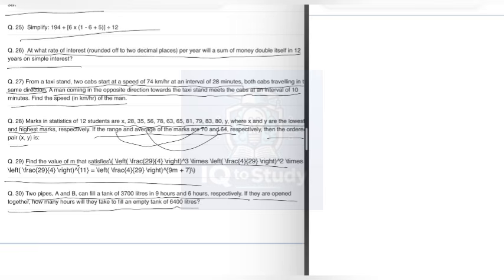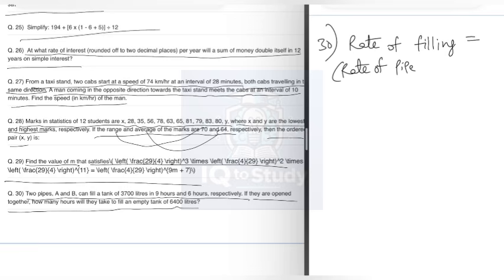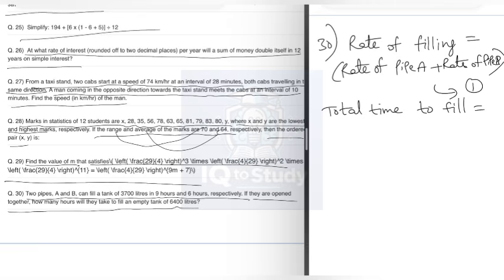Here the formula we have to use is: rate of filling is equal to rate of pipe A plus rate of pipe B, and total time to fill is equal to capacity divided by rate of filling.